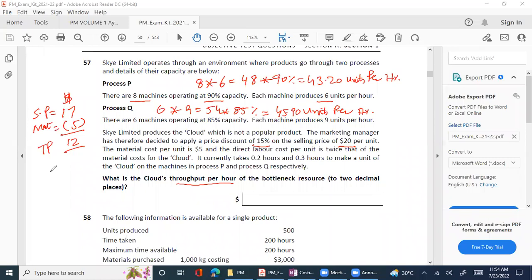And how much time does Cloud require in process P? 6 units per hour. It means 1 divided by 6 will be your per unit time. Six units in 1 hour.